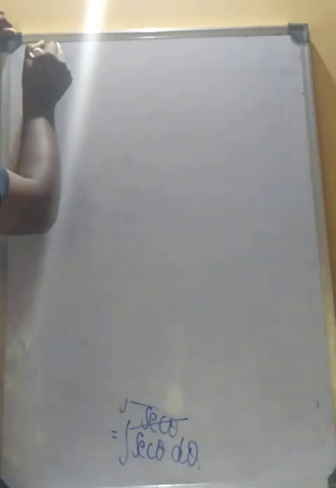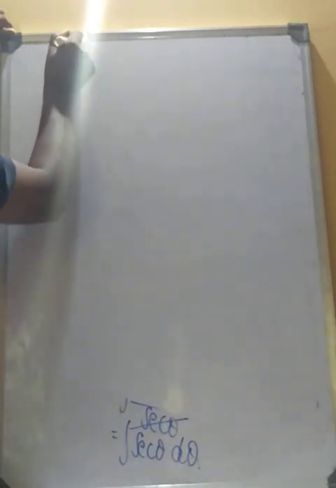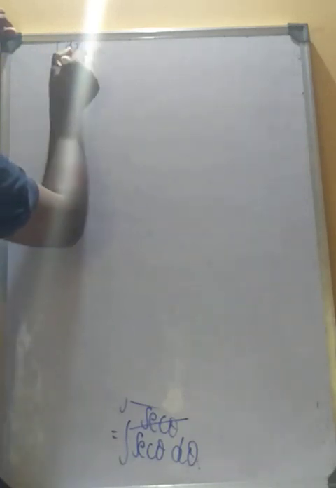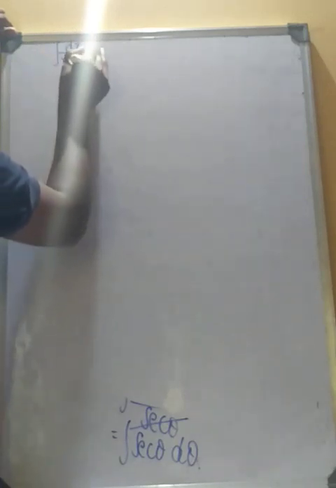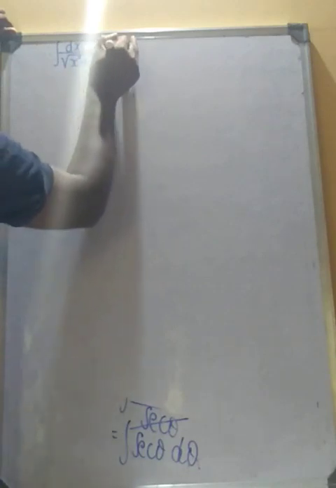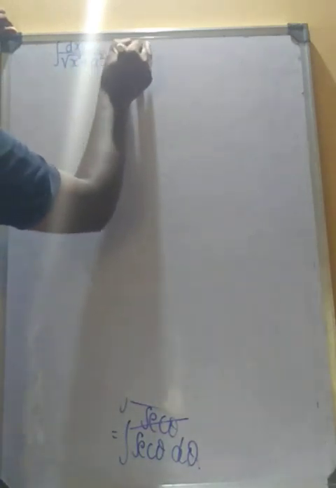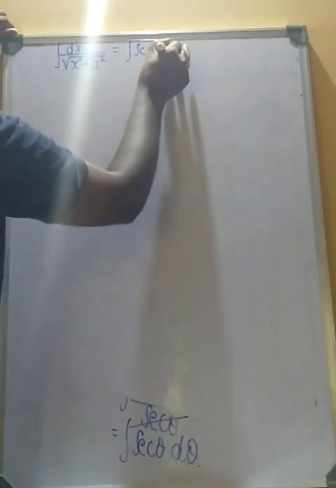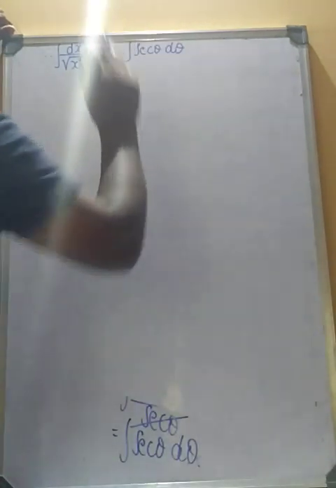So therefore integral of dx divided by root of x square plus a square equals integral of secant theta into d theta.